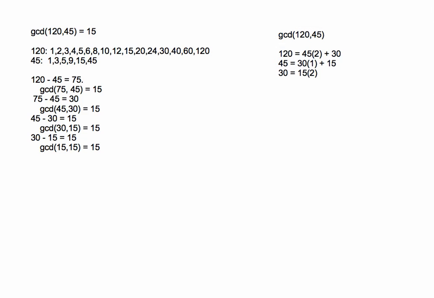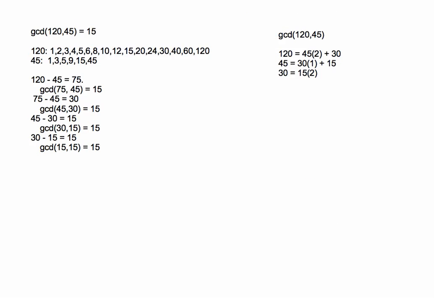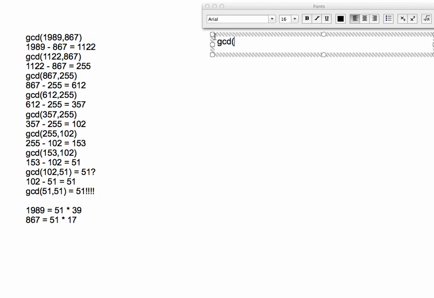Let's go back here, take this, copy it, and we will paste it there. Great. And then we'll start over. Okay, so we started with GCD of 1989 and 867. Okay, great.